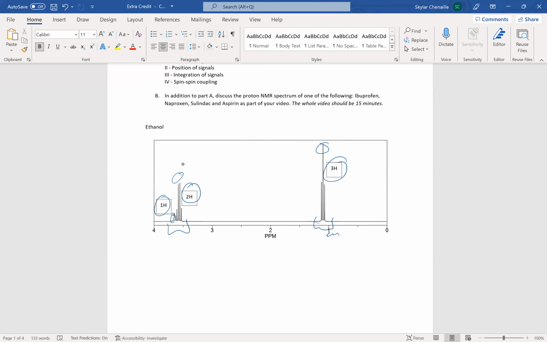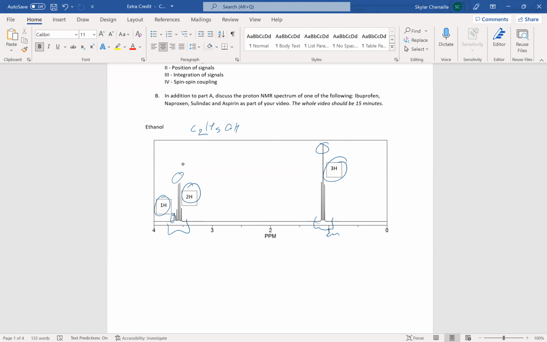When I come to an IR or an NMR graph, usually what I'll do is start with the hydrogen deficiency. Ethanol, they don't give you the formula on this, but ethanol is C2H5OH.